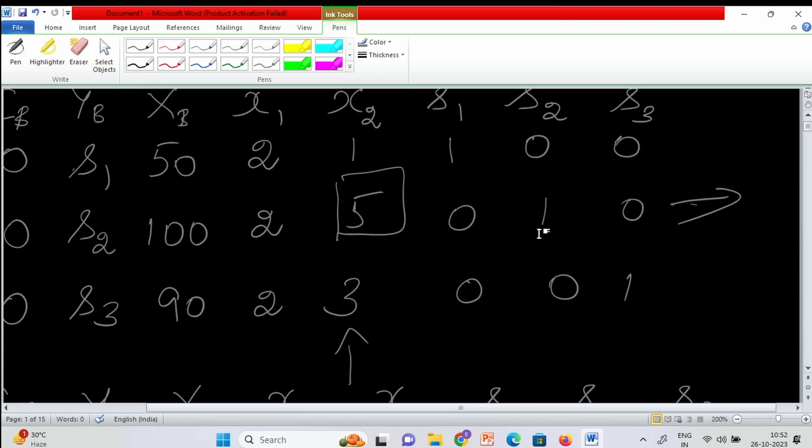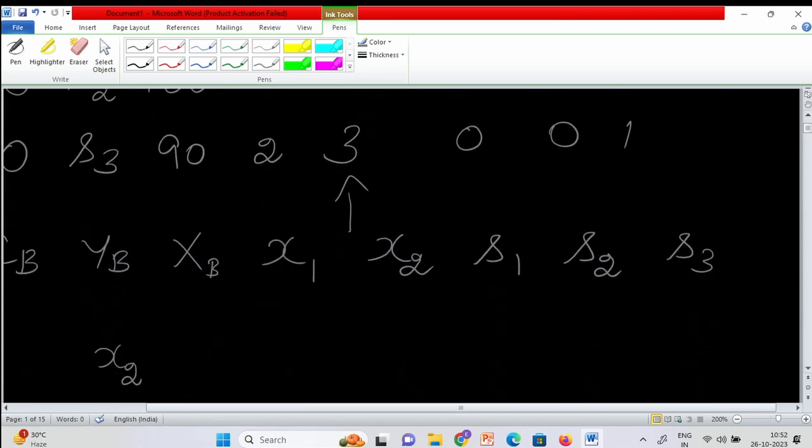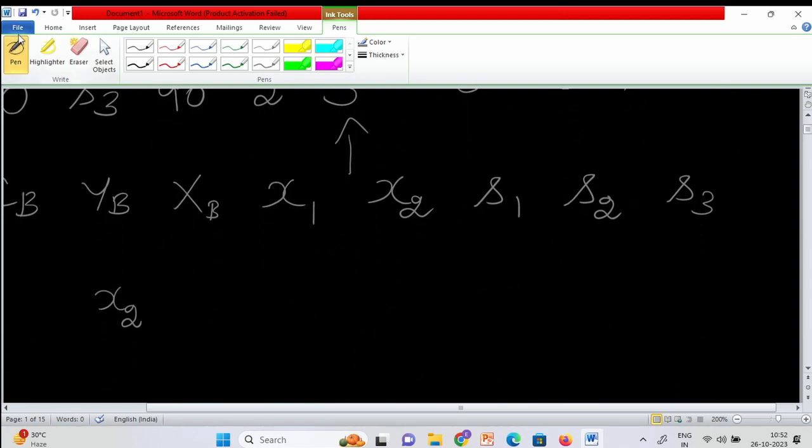If we divide this row by 5, then we will get here 20. Here it is 2 by 5. Here it is 1. Here it is 0. Here it will be 1 by 5. And then here also it will be 0. Next, the cost coefficient of X2 is here 10.